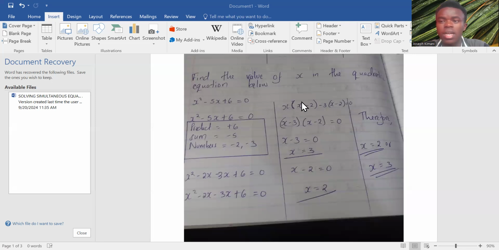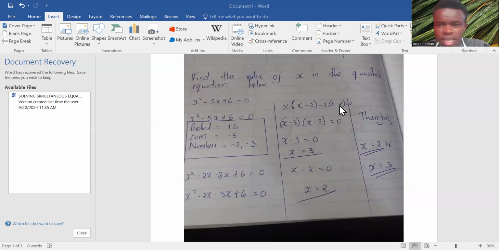Okay. Now there's something very interesting that you realize after you factorize these numbers. The values in the brackets always tend to be similar to each other. Here I have x minus 2 and I have x minus 2. If you did it correctly, in most cases, these values will always be equal to each other. So what do we do with these values now?